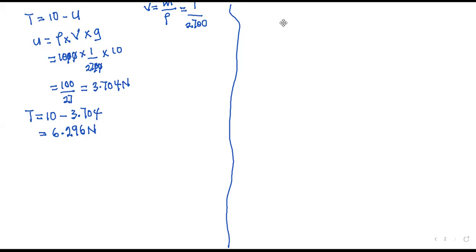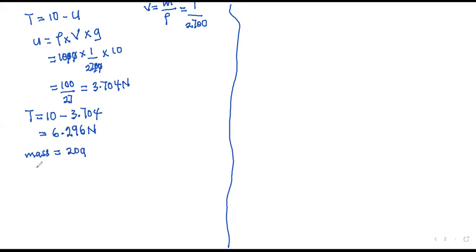of mass 20 gram and cross-sectional area of 0.54 cm squared. So the mass of the hydrometer, we are told, is 20 gram.